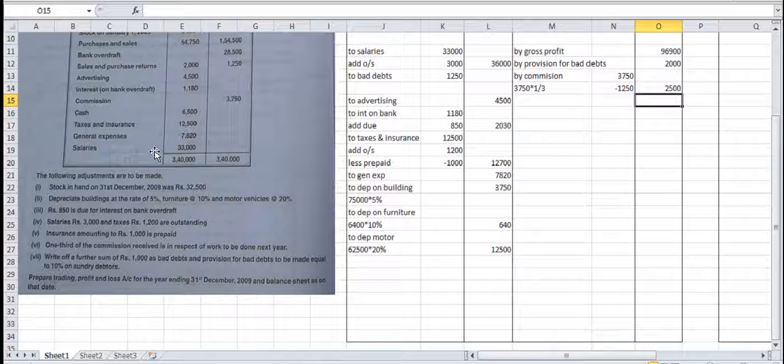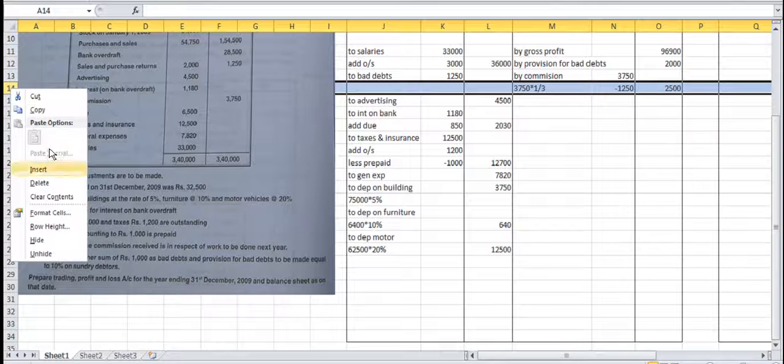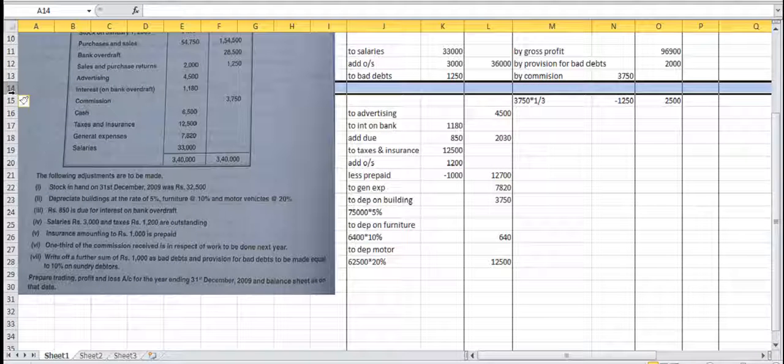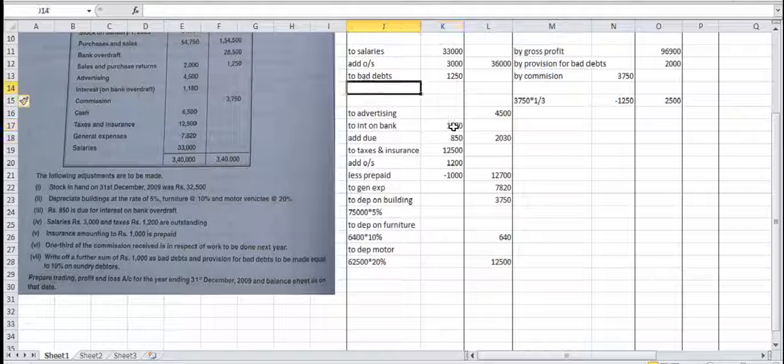Now write off a further sum of 1,000 as bad debts, and provision for bad debts is to be made equal to 10%. Where is the bad debts? Here, first write off.